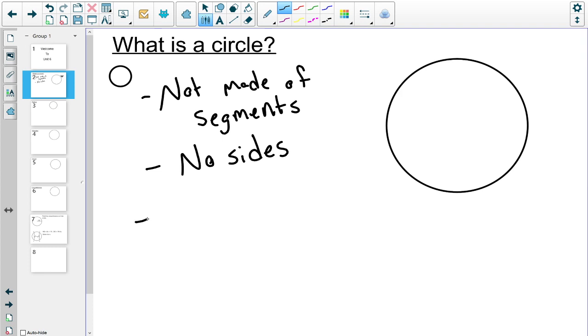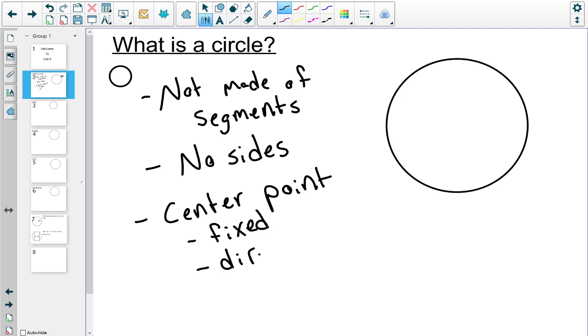The circle has a center point that is fixed in place and is in the direct middle of the circle.